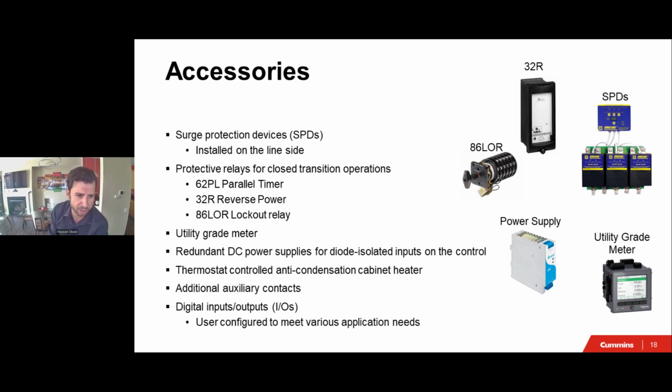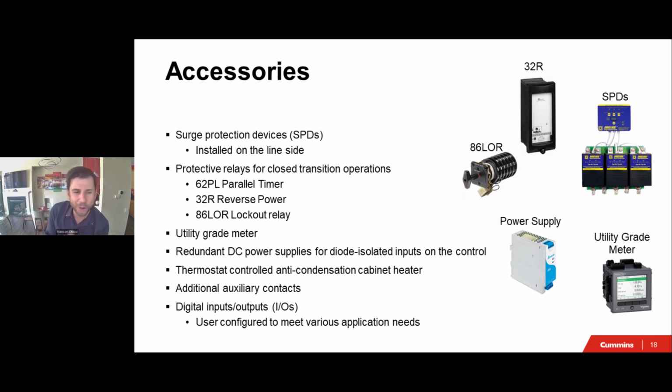You can add that as an accessory. Additional auxiliary contacts, I'll have one slide to talk about that. Every transfer switch will come with a minimum of 2 or some number of aux contacts, but you can have additional contacts as well. Digital inputs and outputs also can be added. So those are some of the features and the accessories that you can add to a transfer switch.